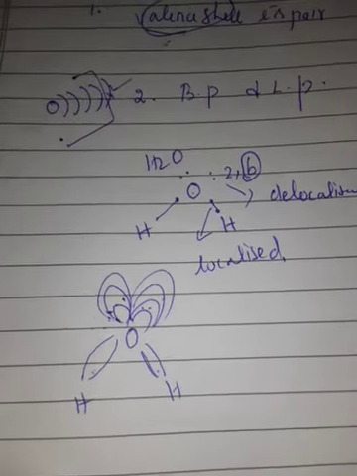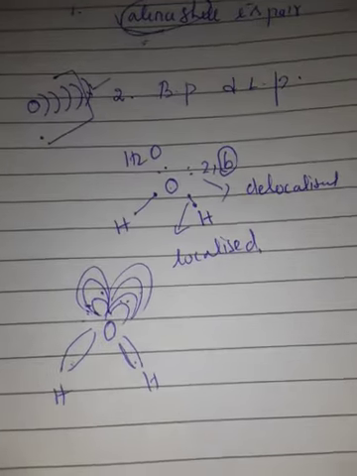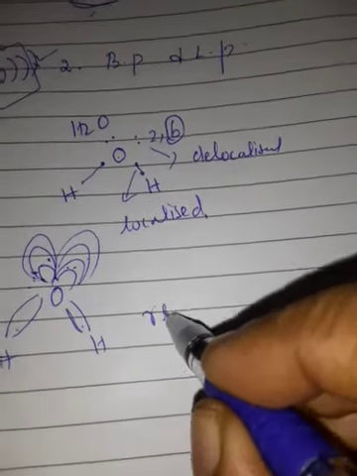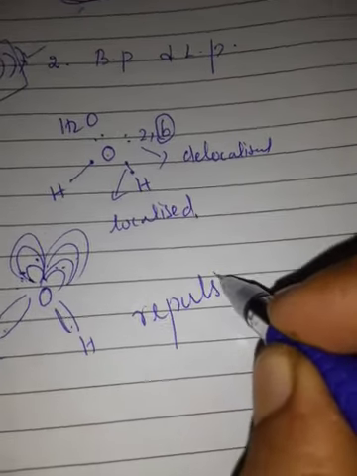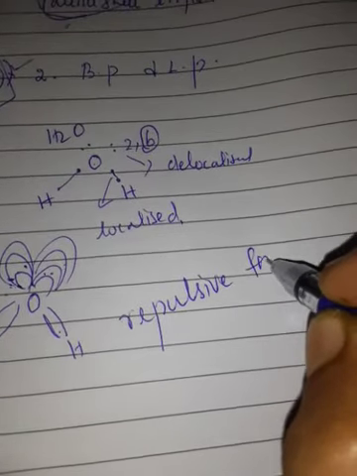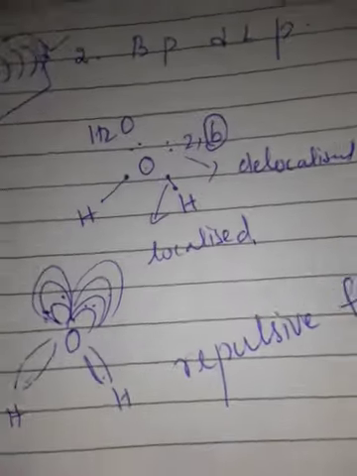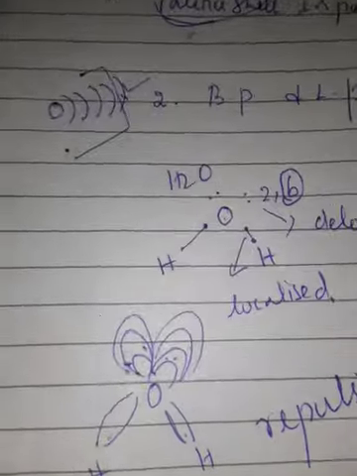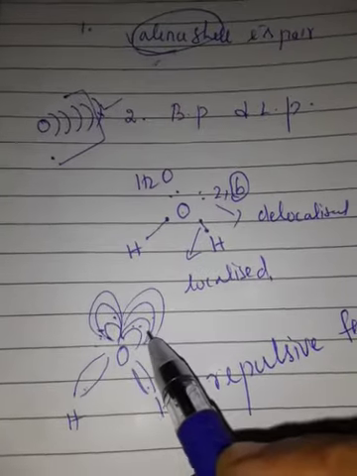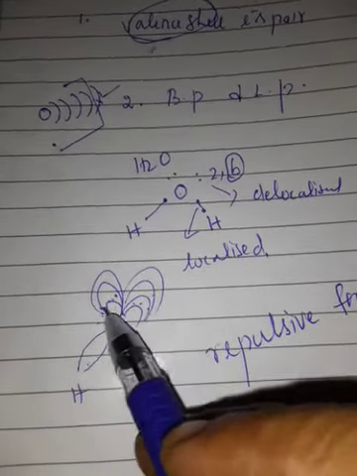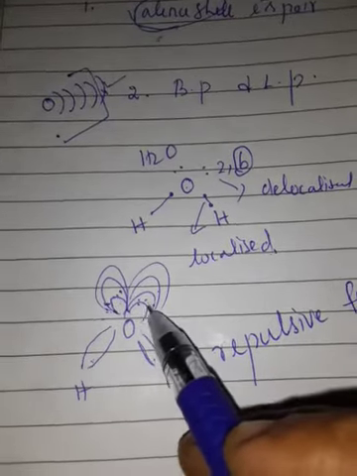Usually there is a repulsive force here. What is repulsive force? The electrons both have equal charge, so they get repelled when they are close to each other.